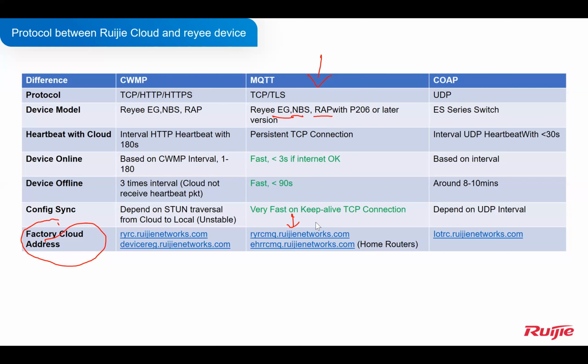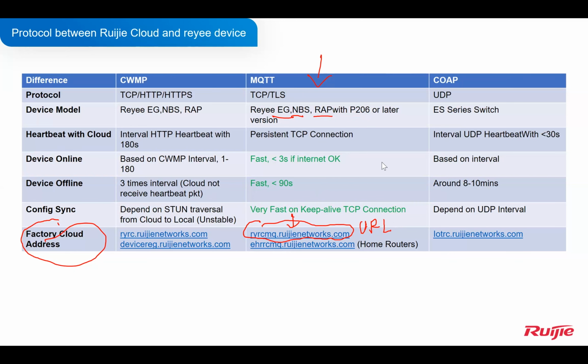For example, if you are an MBS or EG device or the IP device, you can ping ryrcmq.reyeetnetworks.com, this URL, to test the connection. About this URL, our DNS can help to analyze, and the result is correct or not correct.